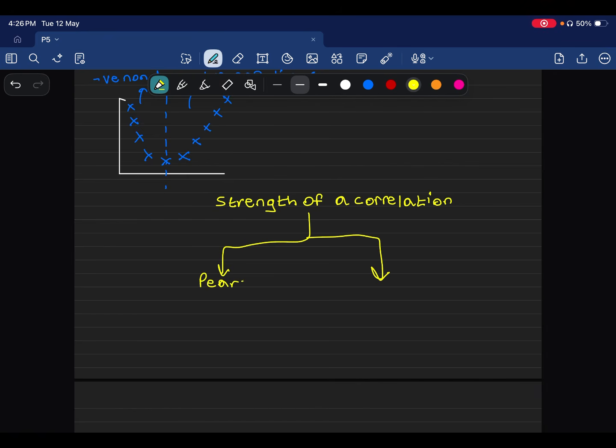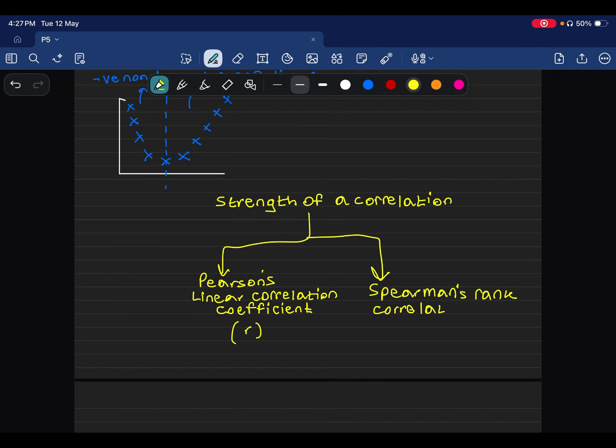That is Pearson's linear correlation coefficient. That's, by the way, also the name of a syllabus, but yeah, Pearson's linear correlation coefficient. This is represented by the letter R, and then Spearman's rank correlation coefficient.